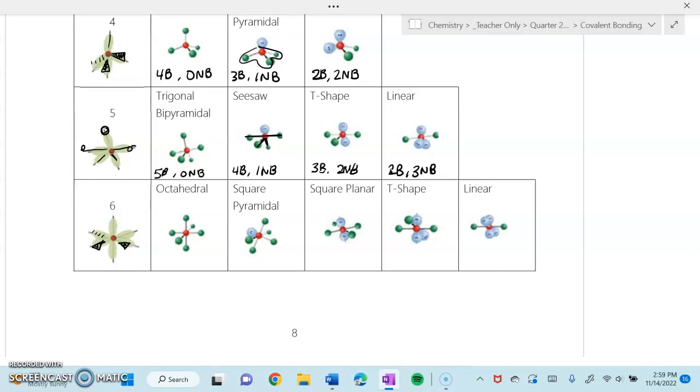If you can visualize that in 3 dimensions, you've got an X there, and then you've got a top and a bottom. So this shape is called octahedral. 6 bonding, 0 non-bonding. Square pyramid, if we take one off, now you've got 4 legs on the bottom with 1 coming out the top. So this would be square pyramid.